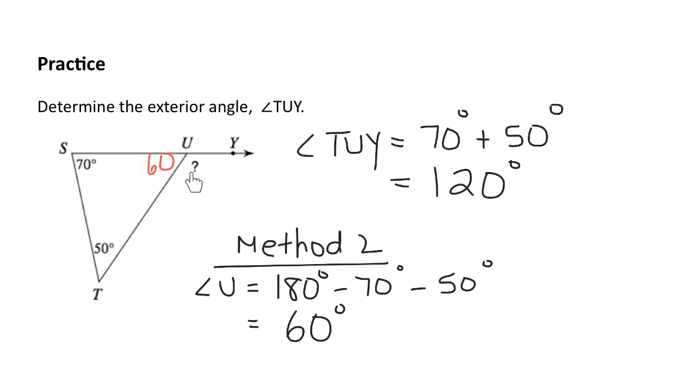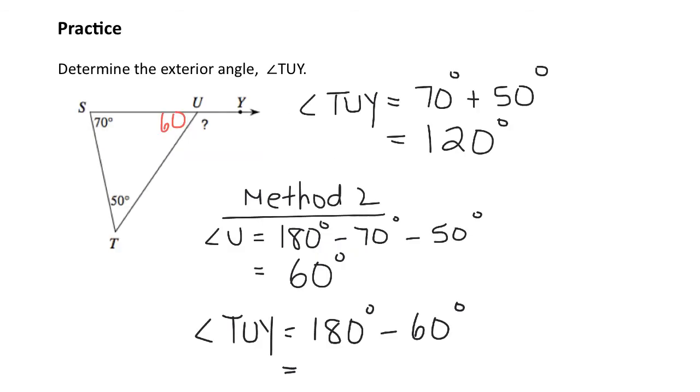So in order to figure out this exterior angle, I can just subtract the 60 degrees from 180 degrees, and that's going to give me the exterior angle. So to find exterior angle TUY, I can simply do 180 minus 60, which gives me 120. So you can very clearly see that it doesn't matter which method you choose to use, you still get the same answer of 120 either way.